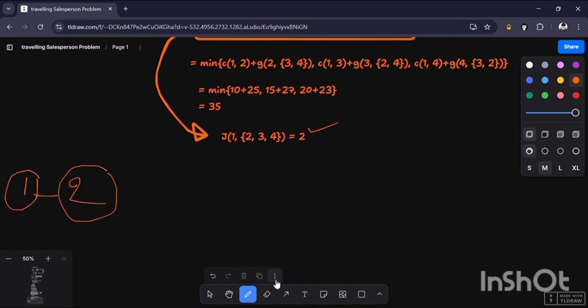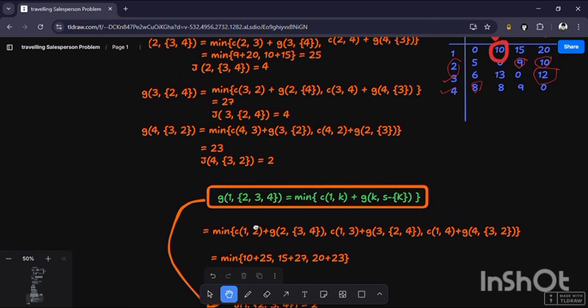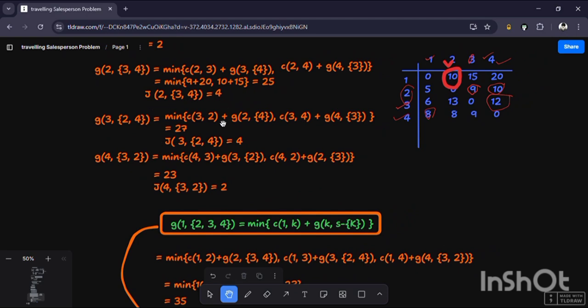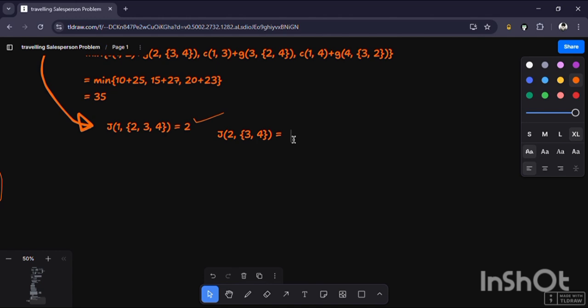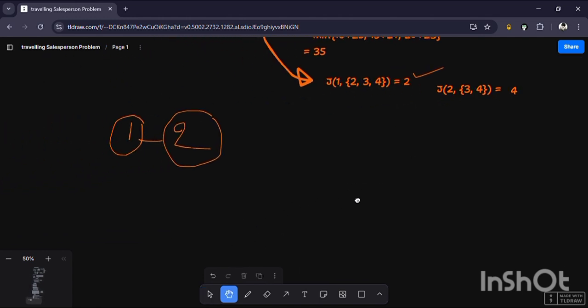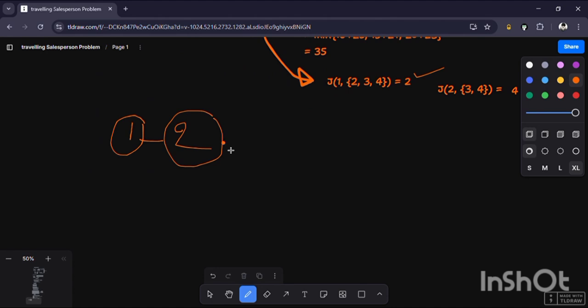Let me write the function here. From 2 I will go to j of 2. From 2 I can go to either 3 or 4, right? Now what is the value of j of 2 comma 3 comma 4? You can see here it is 4. So let me put 4 here. So I have to go to 4, and I have to update this one. Let me link 4 with this.